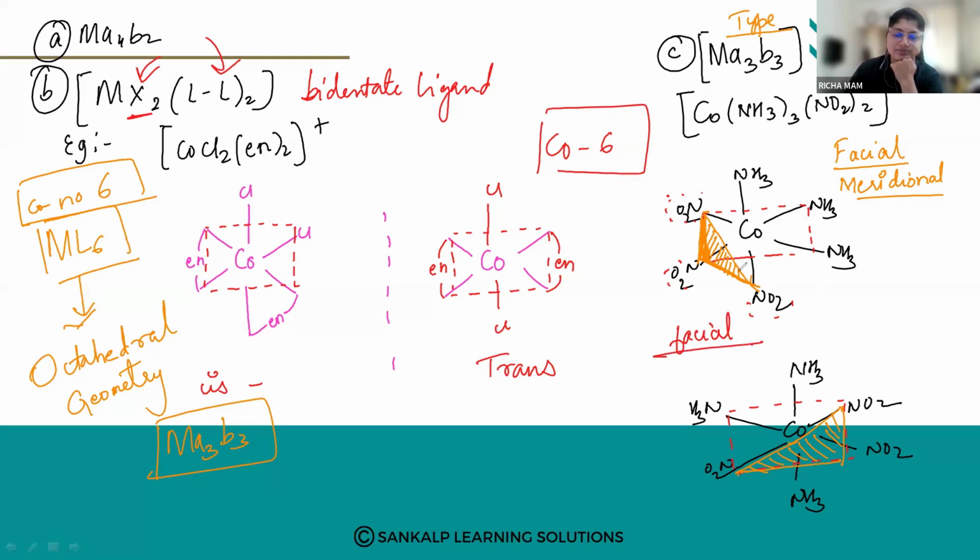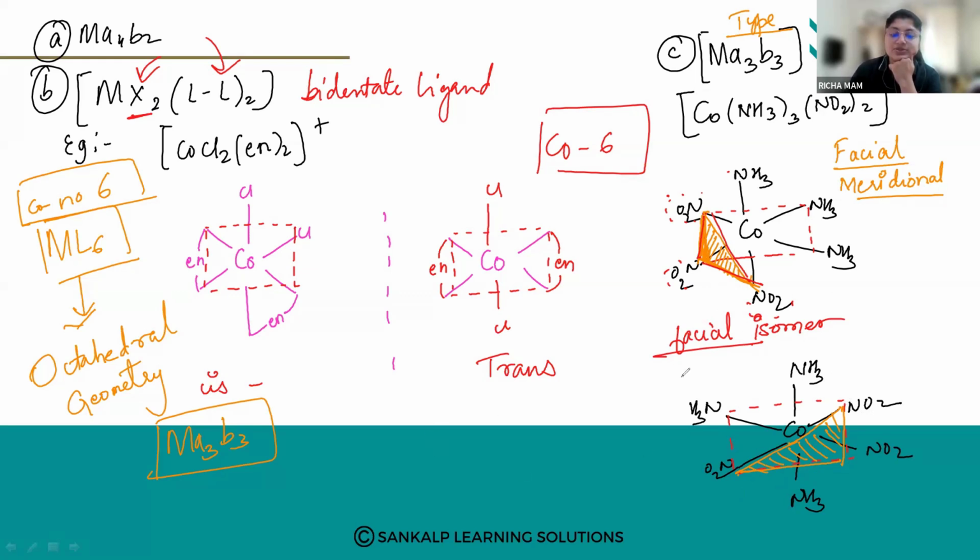So all the identical ligands are positioned at one side of the corner of the octahedron. So they are termed facial isomers. Then second, if they are positioned at the meridian of the octahedron, this is a meridian position.